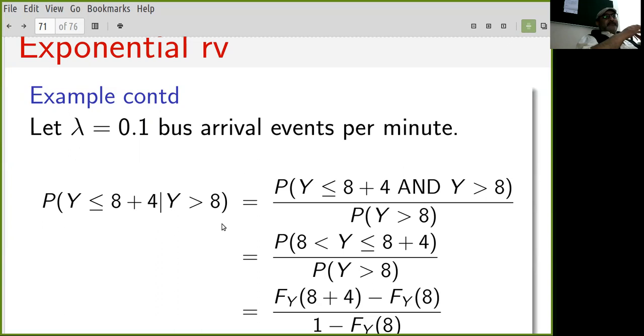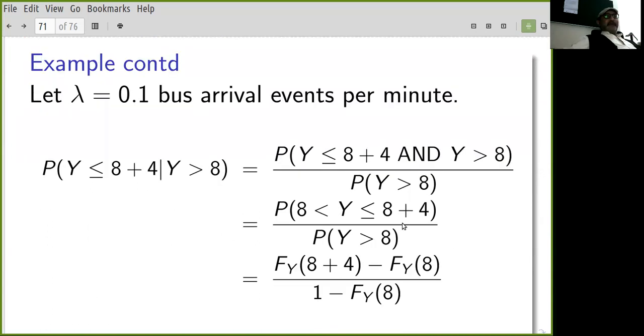Well, if I know that the time is less than or equal to 12 minutes, and bigger than 8 minutes, that means that the time lies between 8 and 12 minutes, divided by the probability that the time is bigger than 8 minutes.